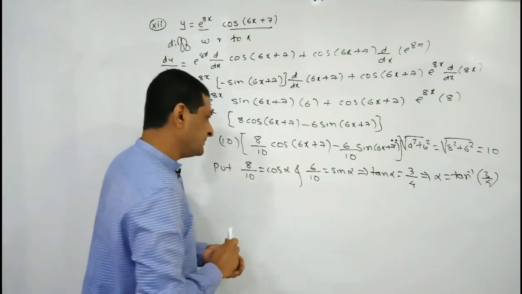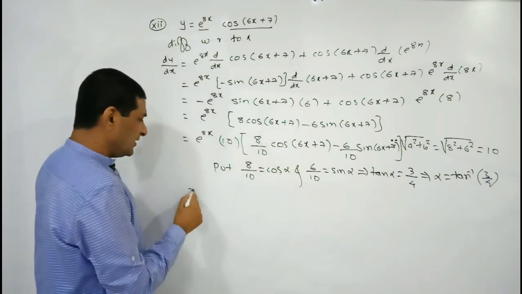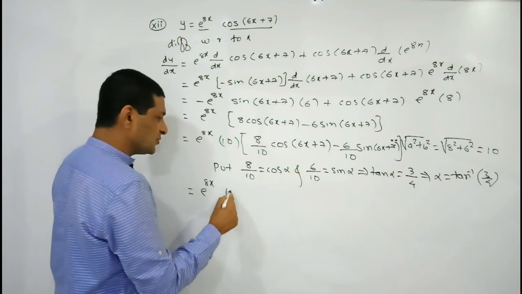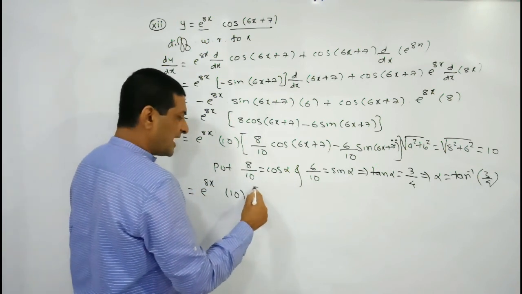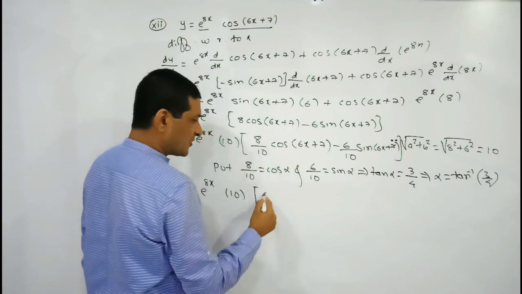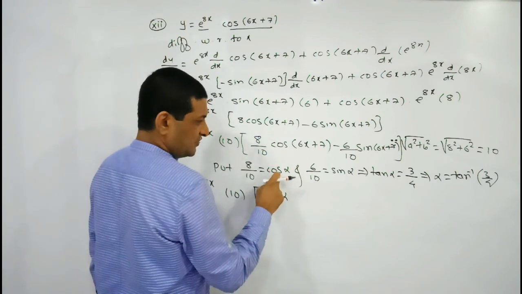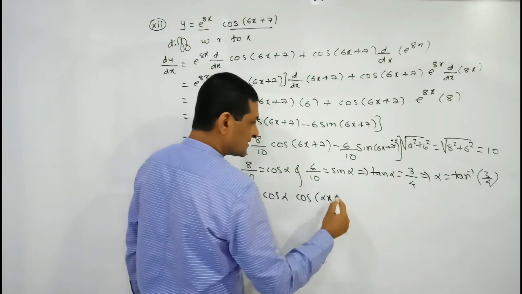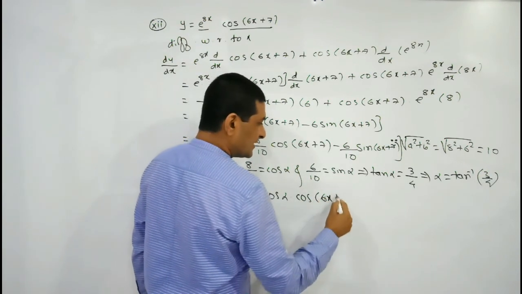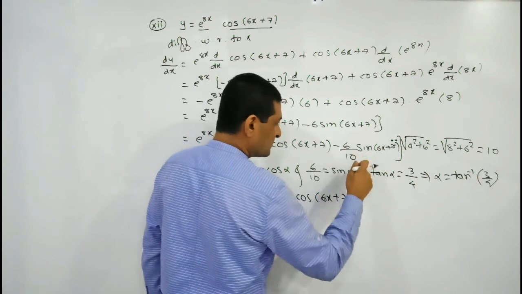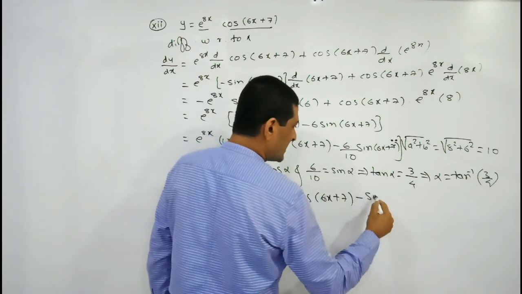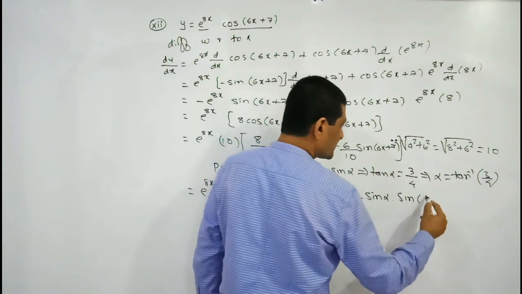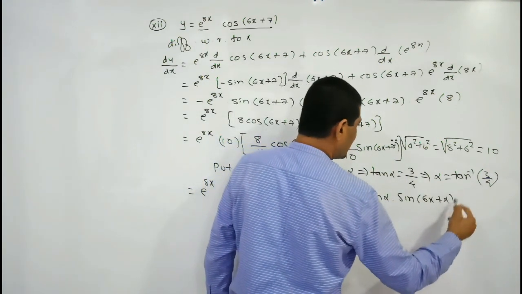Try to understand it. If we are substituting all these values, see what we'll get. e raised to power 8x, keep it as it is, into 10 also as it is. Now I am replacing this first number by cos alpha, as we have denoted it by cos alpha, into cos of 6x plus 7 as it is, and minus 6 by 10. 6 by 10 I am replacing by sin alpha, into sin of 6x plus 7, keep it as it is.